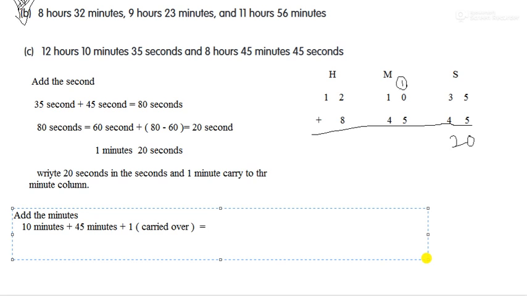So 10 plus 45 plus 1 is 56 minutes. So it is less than 60. So write 56 minutes in the minutes column.